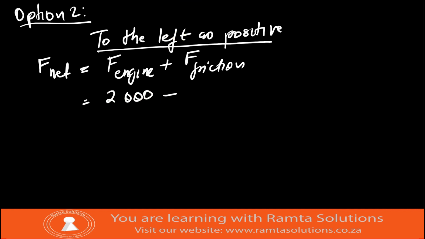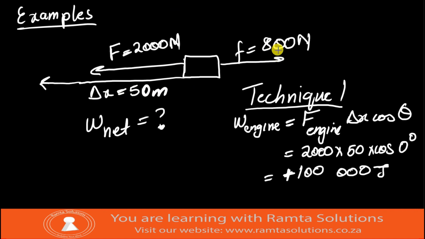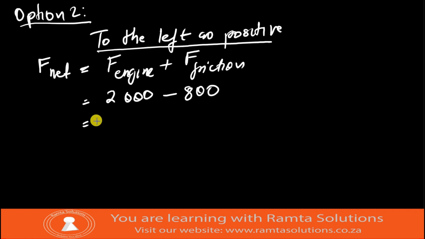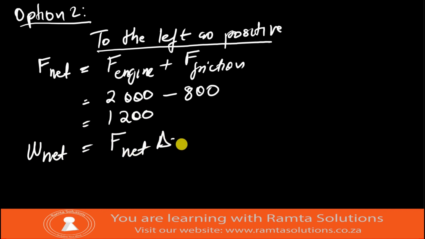And then the force applied by friction was to the right, which was 800. Let me confirm. Yes, it was 800. So what is the net force? The net force is 1,200. Therefore, the net work is F sub net delta X.